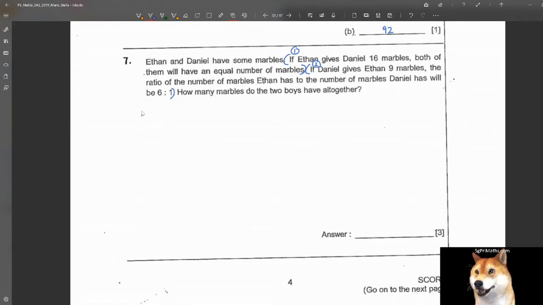So we look at the first scenario first. At the end they will have an equal number. But before they have equal, Ethan gives Daniel 16.